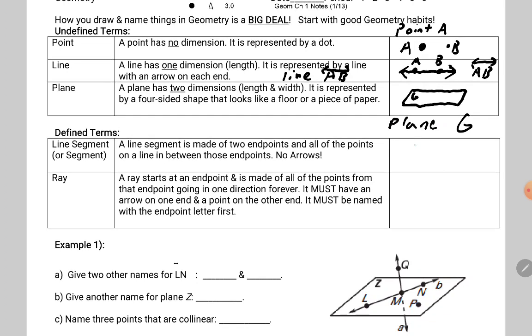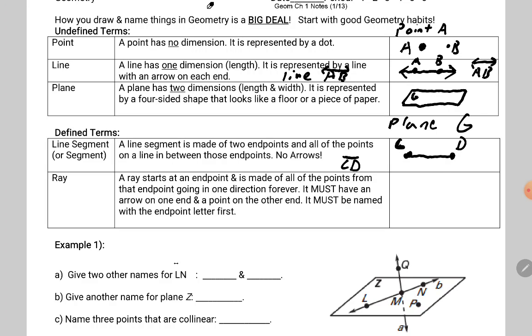A line segment is made up of 2 endpoints. I use 2 different letters this time, C and D. So you have one endpoint and another endpoint, C and D. We label this CD with just a line over it. That means line segment.